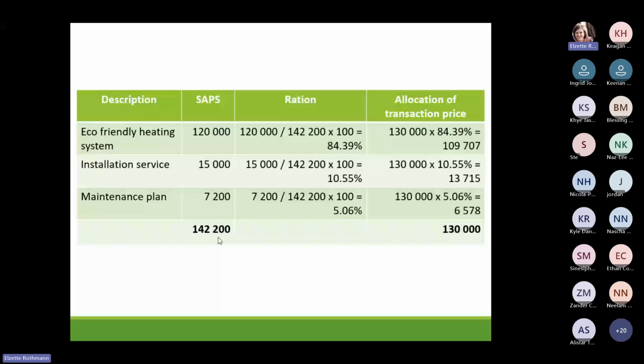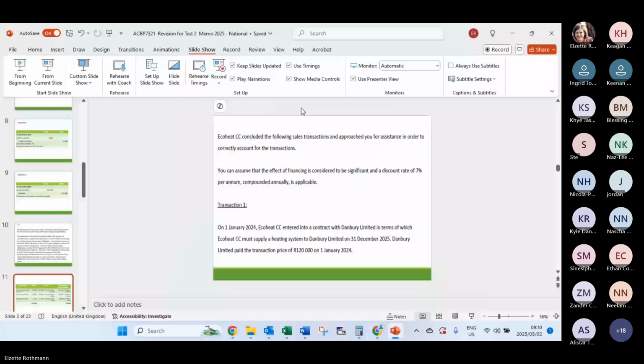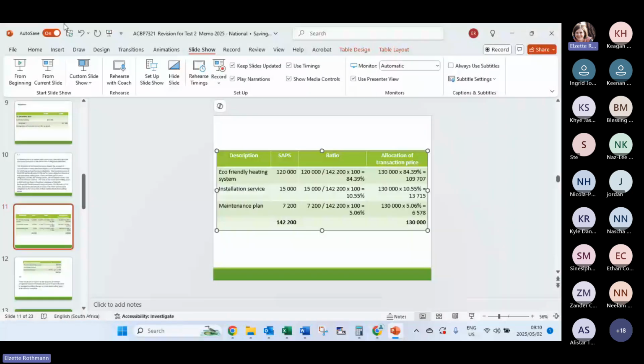So to do that, we first work out this eco-friendly heating system, the 120,000. What is the percentage that this 120,000 is of the total 142,200? So there in the middle, the ratio, oh, sorry, let me just remove that N, ratio. There you calculate the percentage.